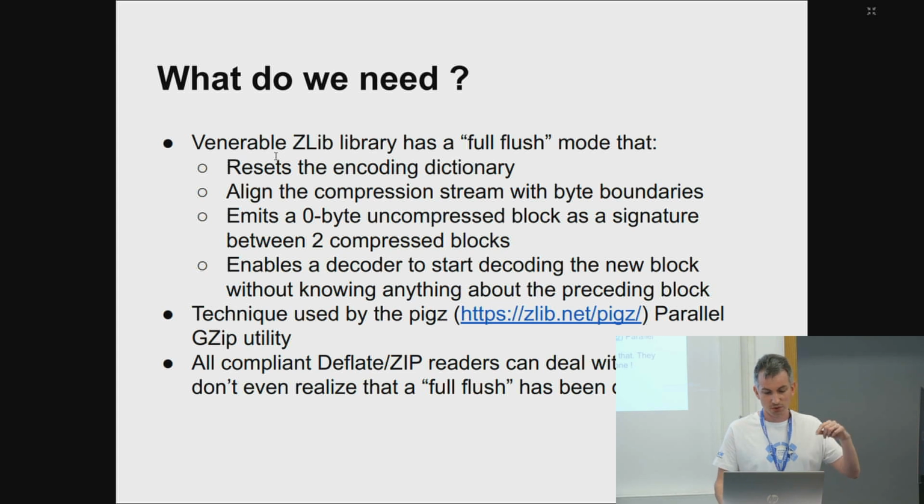And the good thing about that is that all existing zip readers are compatible with that. I mean, it just uses standard mechanisms of deflate, and readers don't even realize that the full flush occurs.